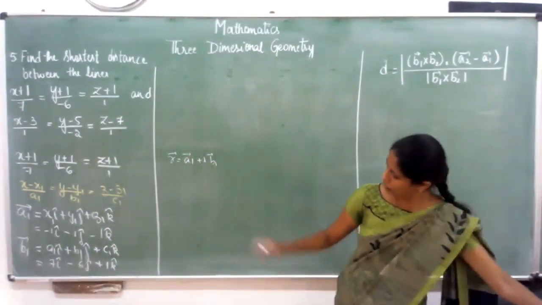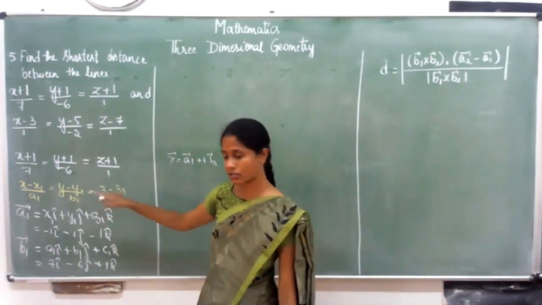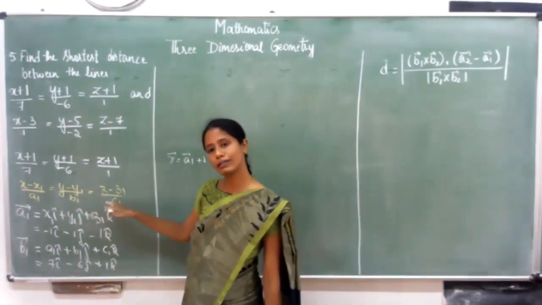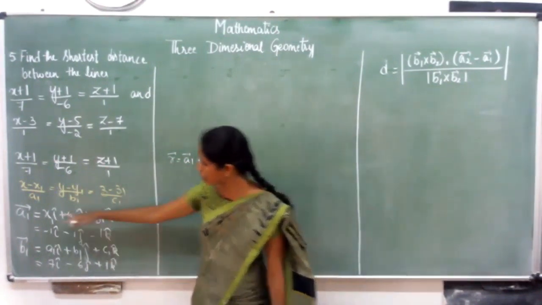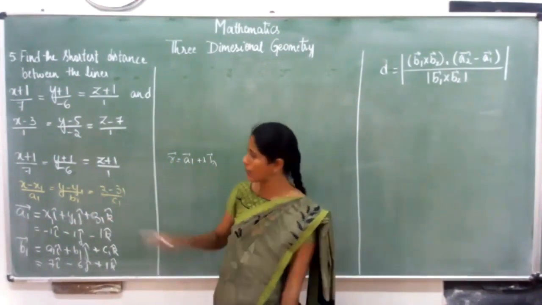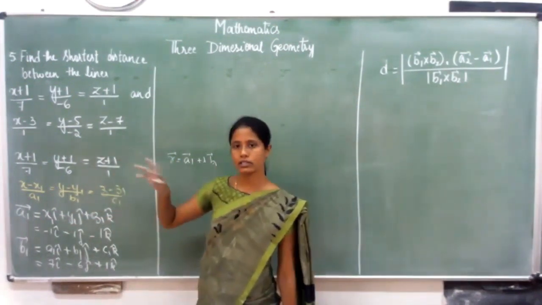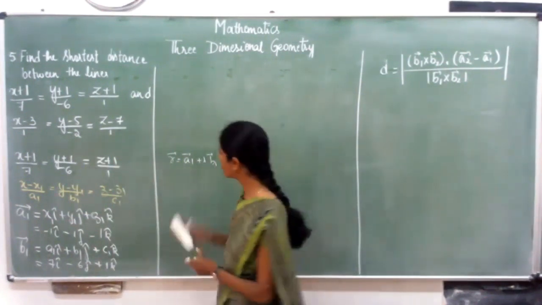So when we derived, we got this as the vector form, and x minus x1 by a1, y minus y1 by b1, and z minus z1 by c1 as its Cartesian form. There we have mentioned a, b, c. Why? Because we have considered only one line. So here we have two equations. In order to differentiate, we write it as a1, b1, c1 and a2, b2, c2.